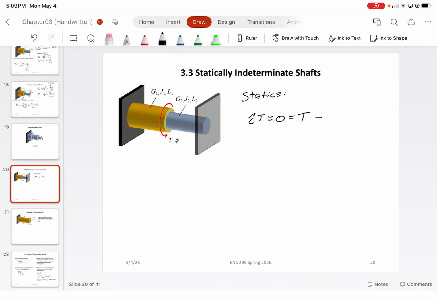And that has to basically equal TA plus TB. All right, and this is assuming that TA and TB are both just acting opposite to the applied torque. All right.